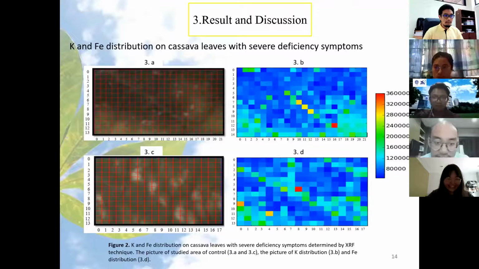So what is interesting is the red one is the highest place, where it's the highest energies, and the blue one is the lowest. Yes. But why the red one? Do you have any explanation why, for picture 3B, the red one is at the bottom right corner? Another one seems to be in the center.